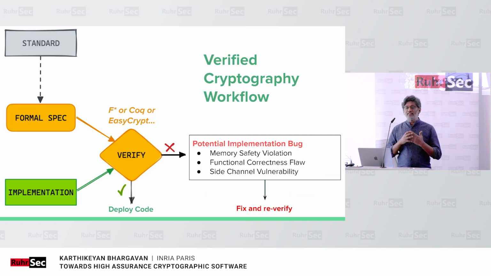So obviously the next step, and this is the verification step, is that you take your formal spec and your implementation and you prove that they match, which means that there is no memory safety bug in the low-level code, that it's functionally correct, and in some cases you also prove the absence of certain kinds of side channel vulnerabilities. But I must say that's the least sophisticated part here, and we don't have very good answers for side channels right now in many of these tools.